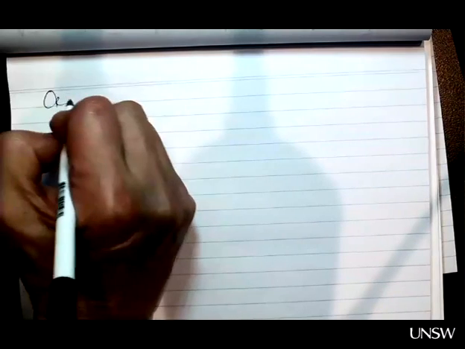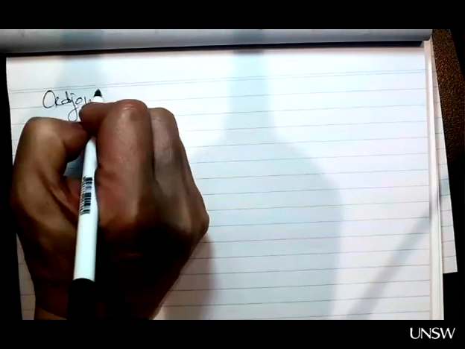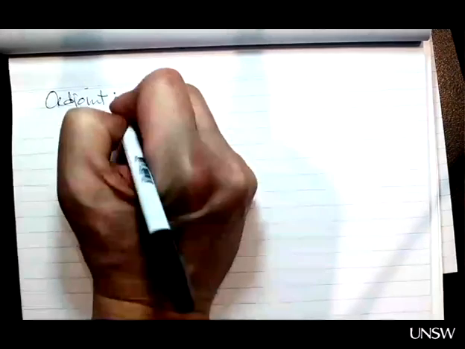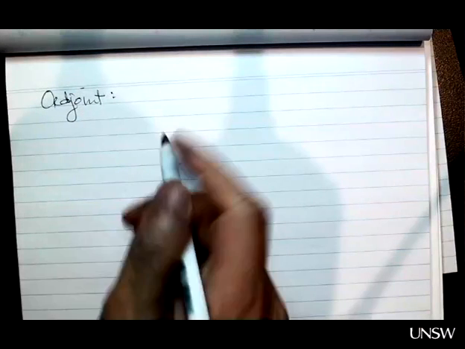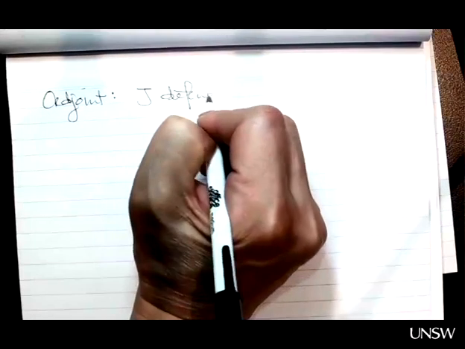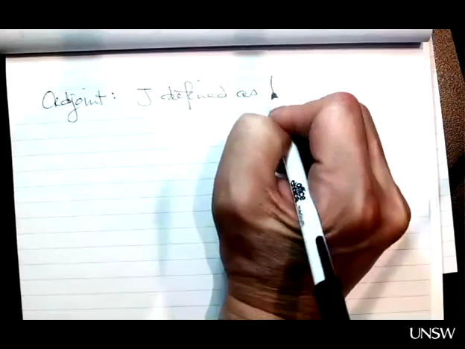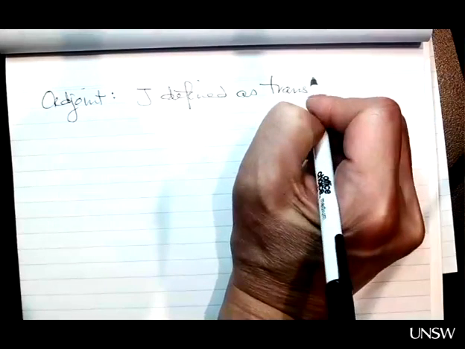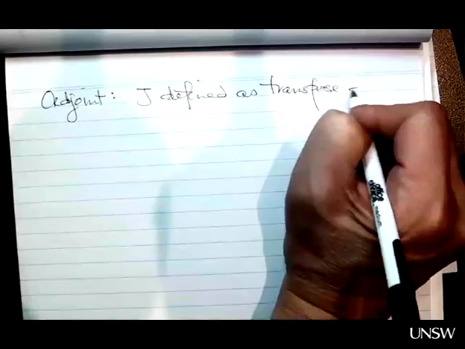Then another definition called the adjoint matrix. This adjoint matrix is defined as the transpose of the cofactor matrix.